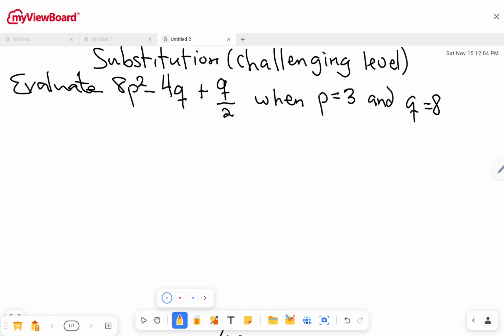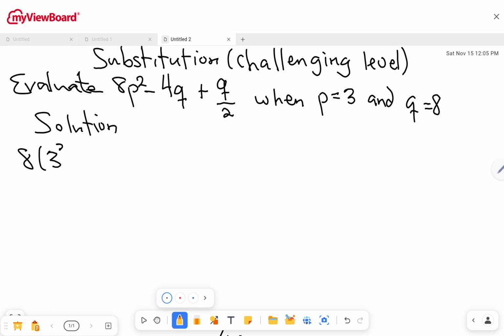So our variables here are the p and then the q. So what we need to do is we are going to replace the p by 3 and q by 8. So after writing our solution here nicely, I'll write my 8. And since you have p exponent 2, it means I'm going to write my 3 because the p is equal to 3.